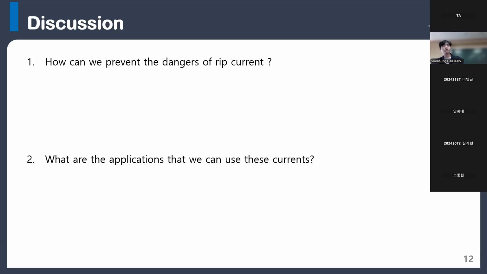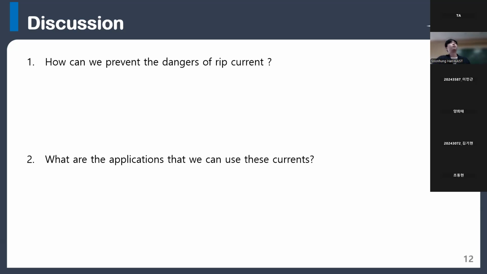And the last question: what are the applications that we can use these currents for? Rip currents have the water going back to sea, right?